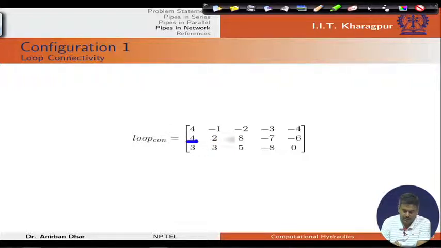We have positive discharge in pipe 2, positive in 8, and 7 and 6 are negative. For loop 3 we have positive discharge in 3, positive discharge in 5, negative discharge in 8, and as we have only 3 connected pipes, the fourth entry is 0.